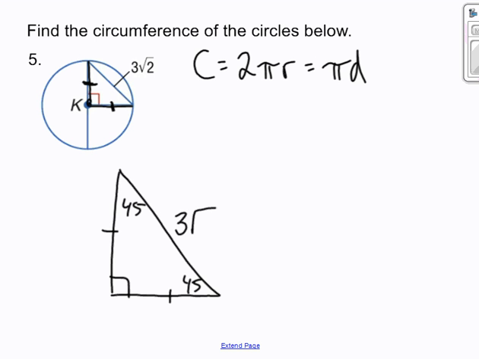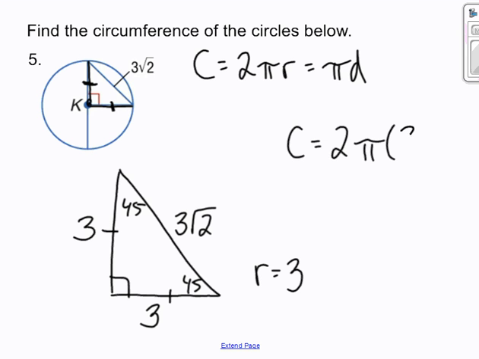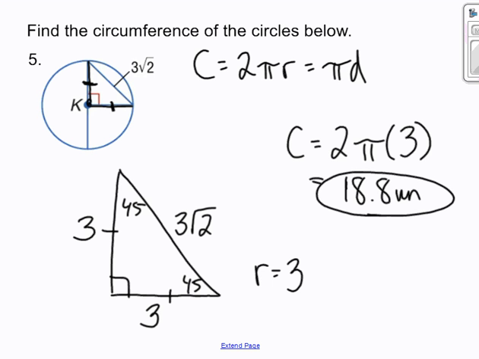And then 3 radical 2, I can use my 45, 45, 90 rules to figure out the lengths of the sides. So I can divide by radical 2, which is now 3. So I know both those sides are 3. That's what my radius is. So to find the circumference, I go 2 pi r, which is 2 pi times 3, is 18.8 units. Circumference is a length, so it's not units squared or cubic, it's just units.